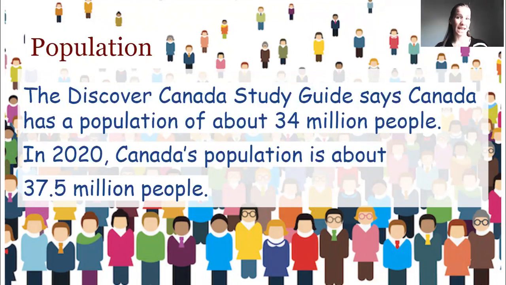But in 2020, Canada's population is about 37.5 million people. So I, Kendra, do not know about the citizenship test. Does the citizenship test say 34 million or 37 million? I don't know. So just study between 34 and 37 million.